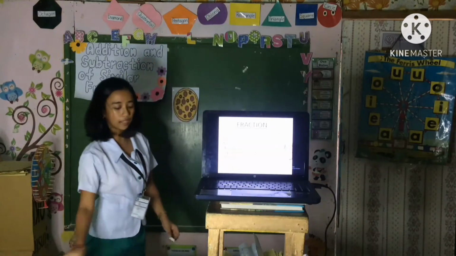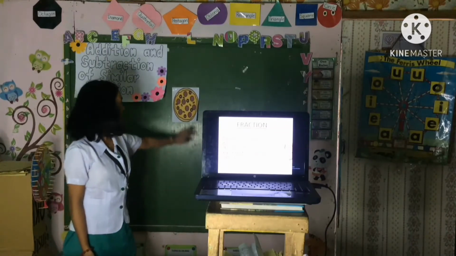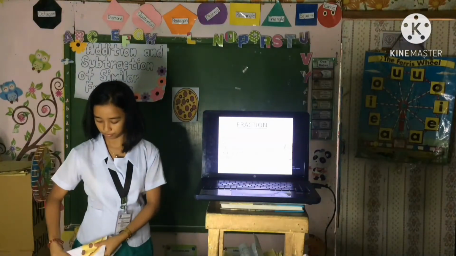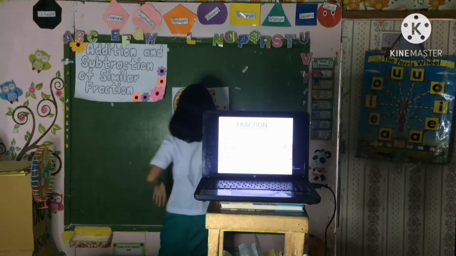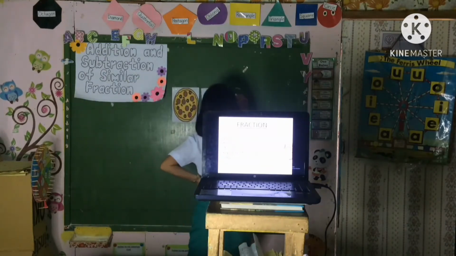If we divide this pizza into 4 equal parts, it means it is 3/4.